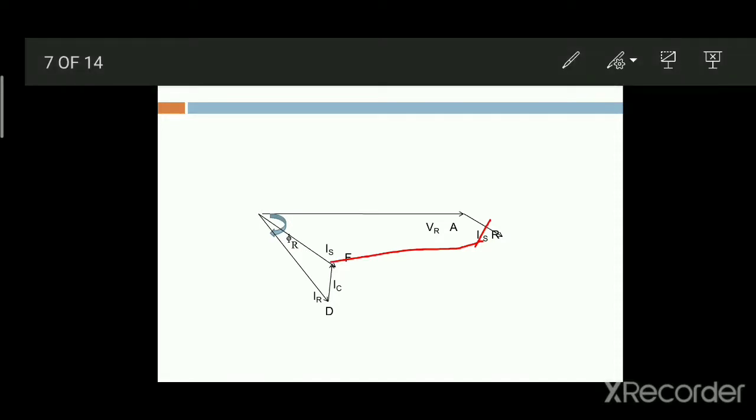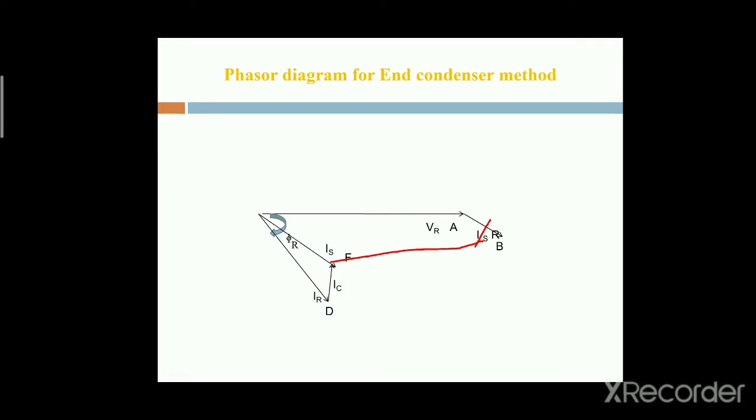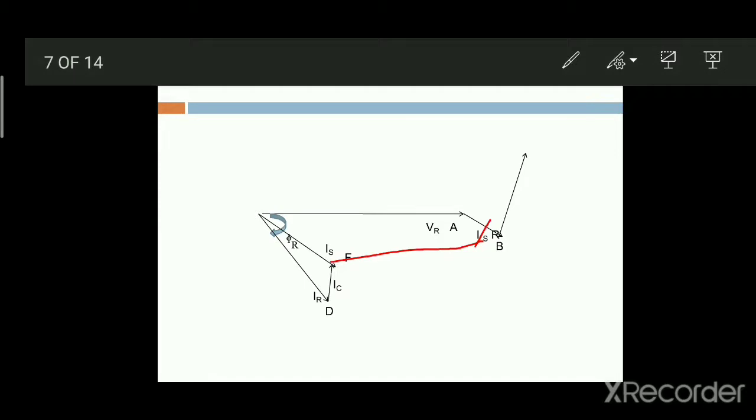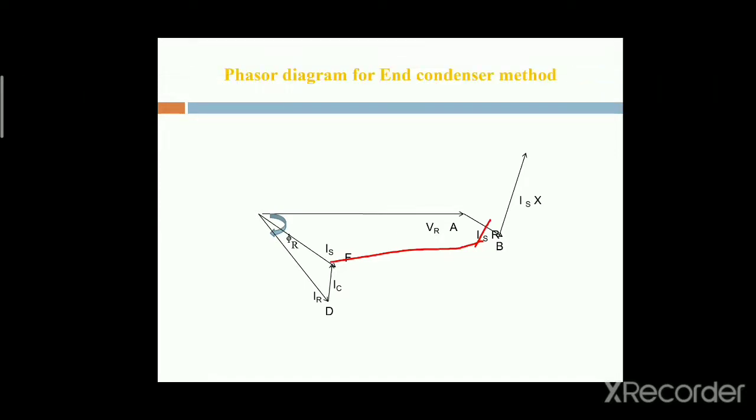That point is B. At that point we take the sending end reactance drop, that is ISX, at an angle of 90 degrees.